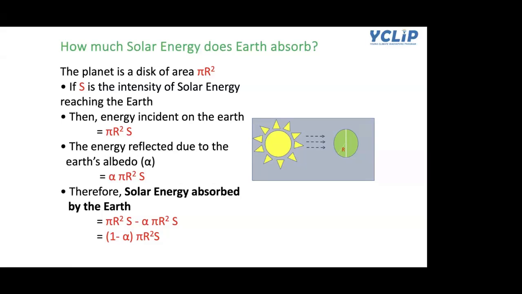What is left is what is absorbed by the Earth and comes in an equation like this last one, (1 minus alpha) in brackets, pi r squared. Don't keep it in your head. I'll just recall it in the course of time.